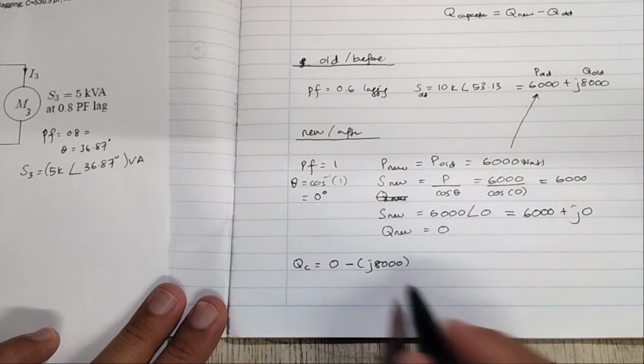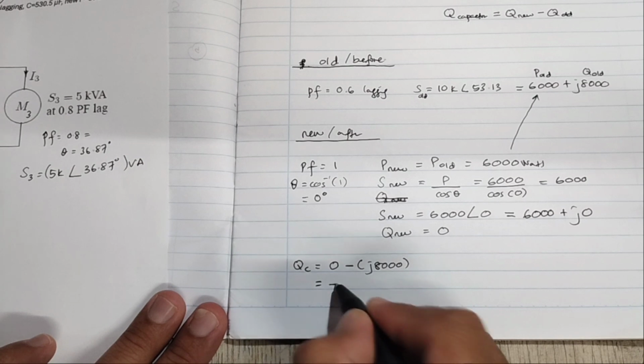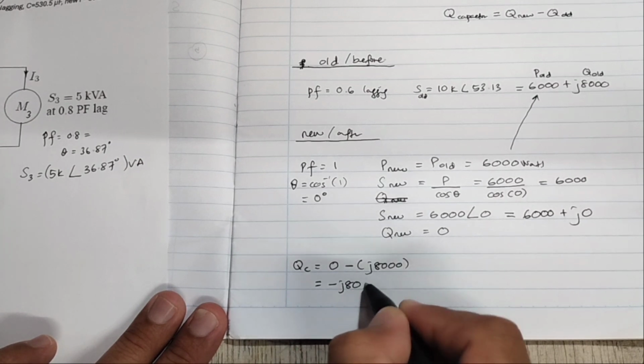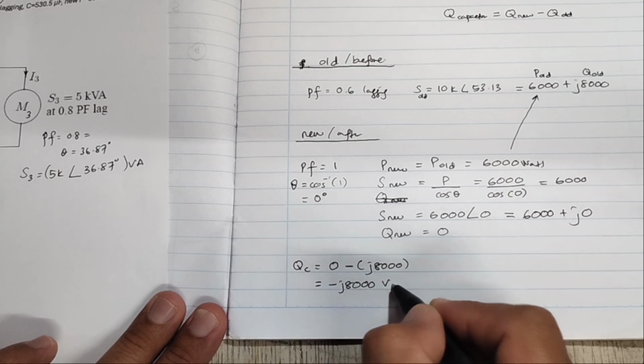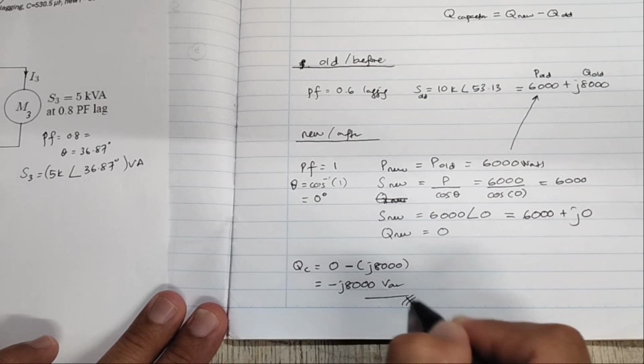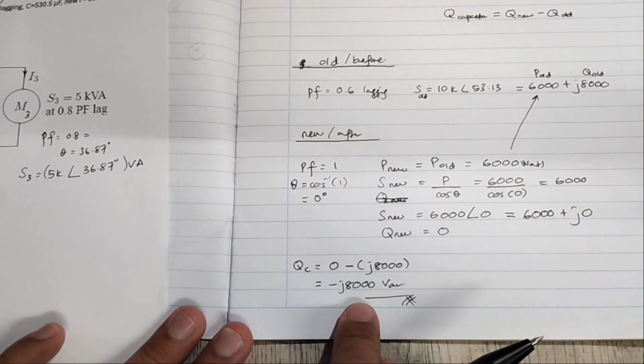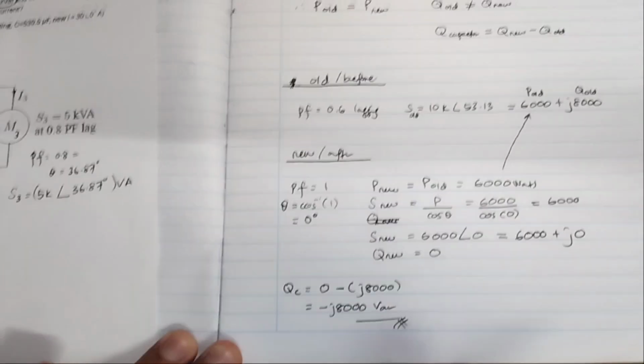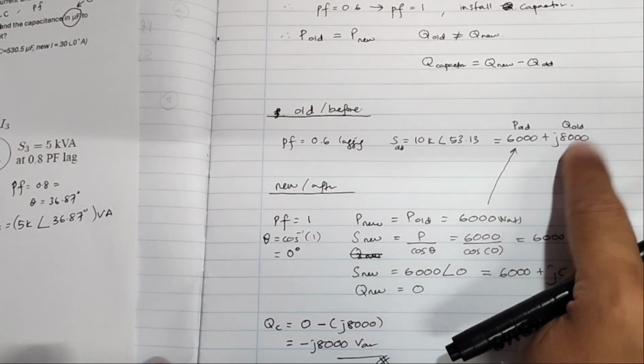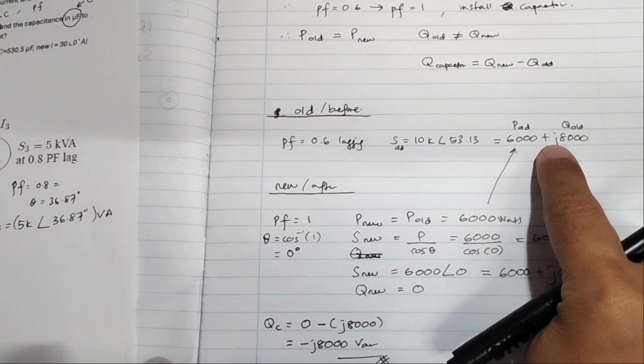Right, macam ni lah. Okay, so QC actually minus 8,000 VAR. Okay, dapatlah QC. Q ni lah yang terhasil daripada kapasitor yang kita install tadi. Maksud dia, sebelum ni nilai imaginary Q dia 8000 positif.